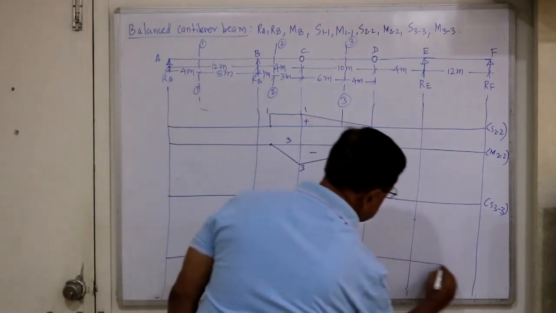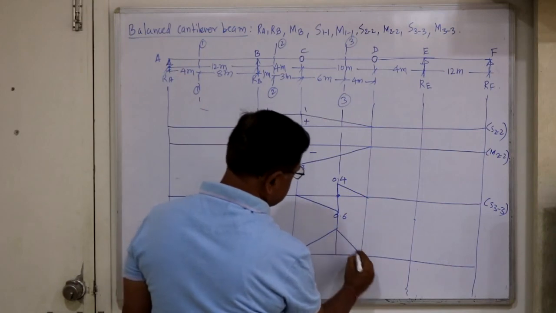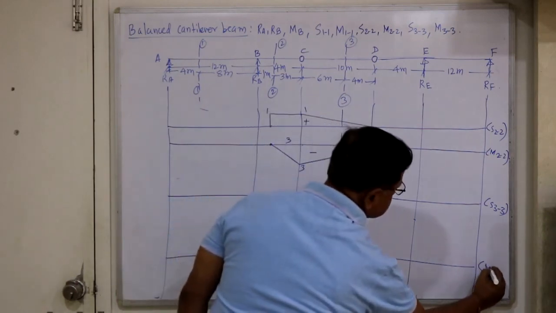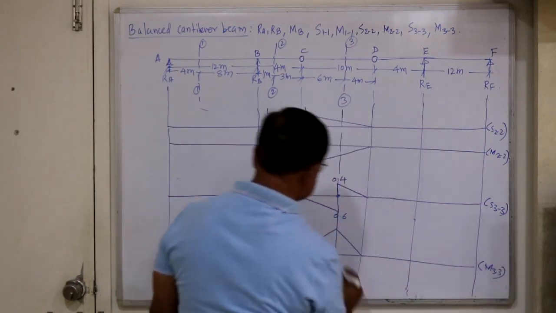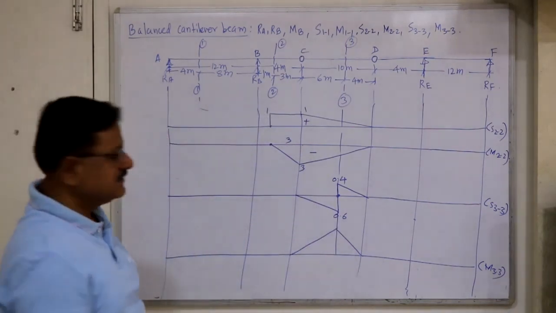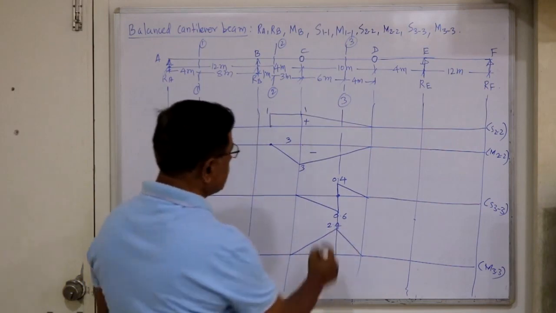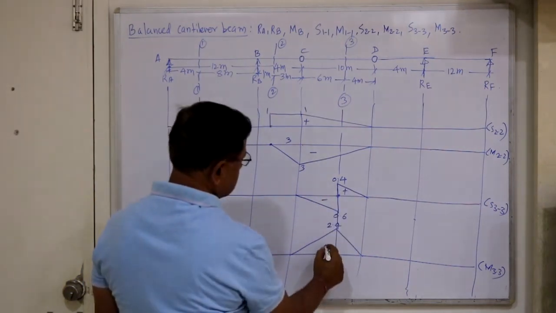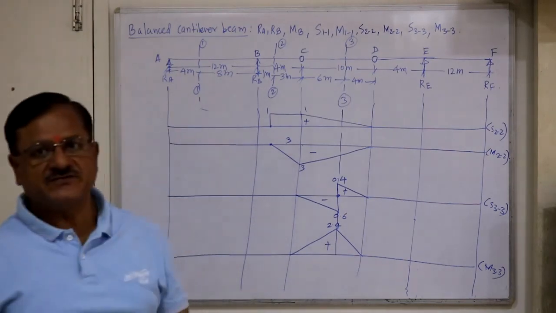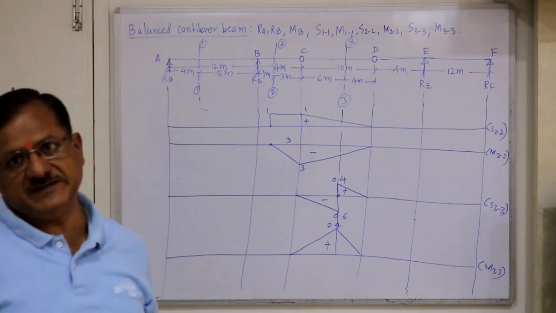And the last one, M33, this is the ILD for M33. This is AB by L, L is 10, so this will be 2.4. This will be 2.4, this is minus, plus, this is plus. So we have constructed all possible ILDs for a balanced cantilever beam.